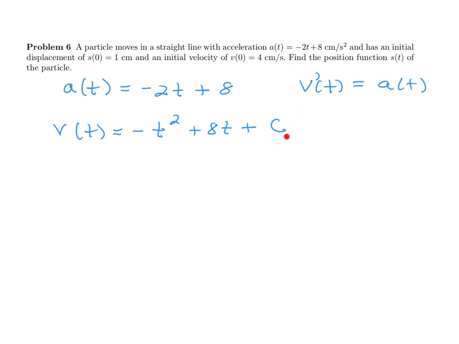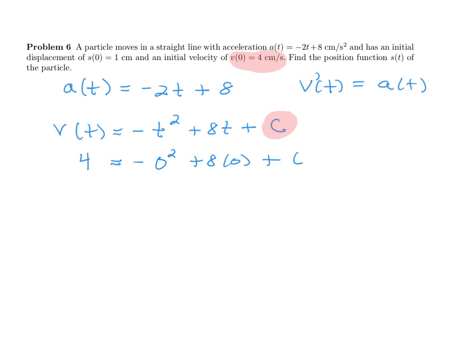Now here I have an arbitrary constant, but I think we can use this piece of information here to figure out what c should be equal to. That is, if you put 0 in place of t, the output should be v at 0. That is, 4 is equal to negative 0 squared plus 8 times 0 plus c.